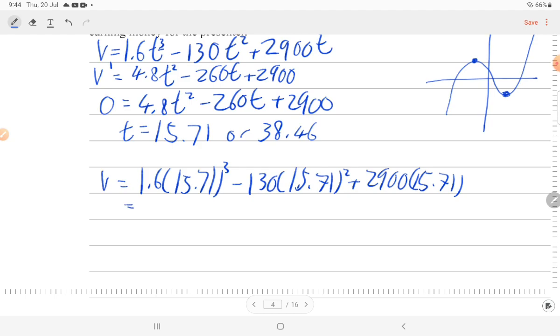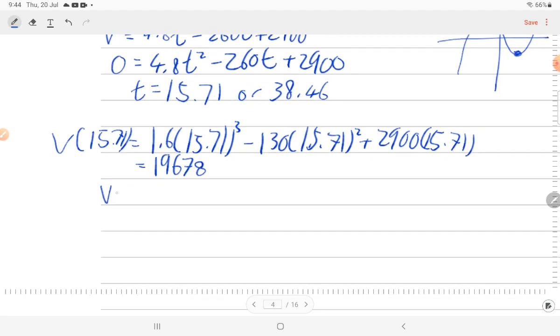I'll plug this into my calculator. This might take some time. This is equal to 19,678. I'll write this out a bit more clearly. So v of 15.71 is equal to 19,678.